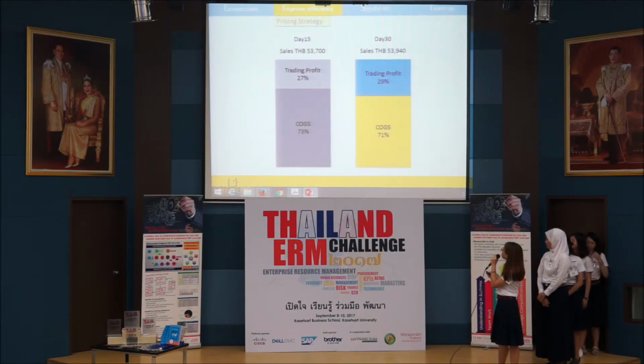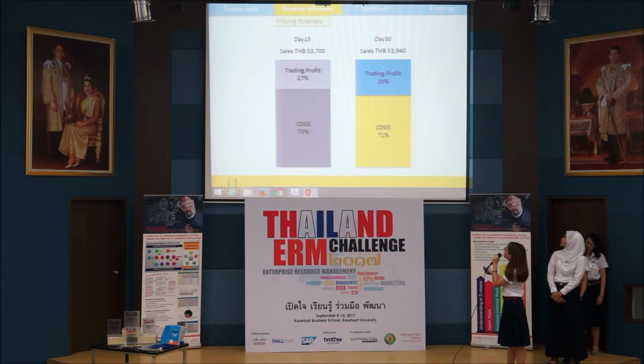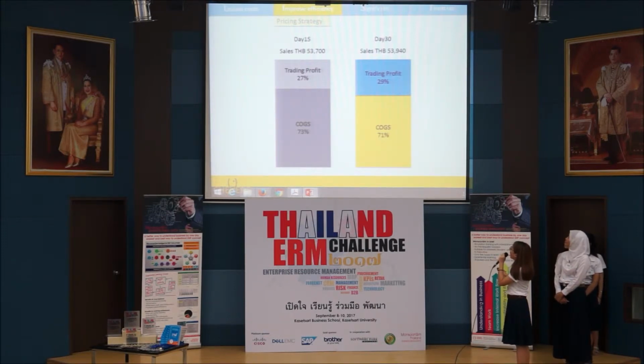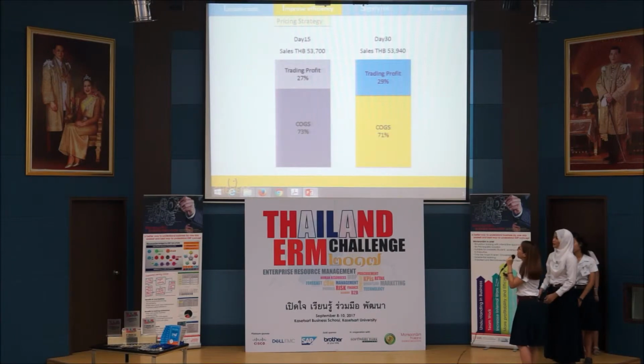As you can see from the bar chart, with a similar amount of sales on day 15 and day 30, the sales are similar, but the trading profit differs because on day 30 we sell at a higher price, so we generate more trading profit because of the lower units sold and a smaller cost of goods sold.